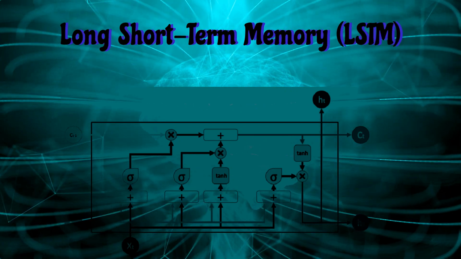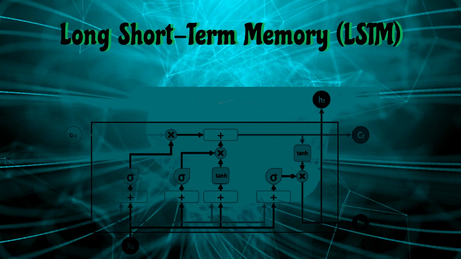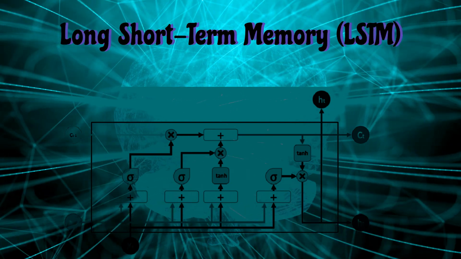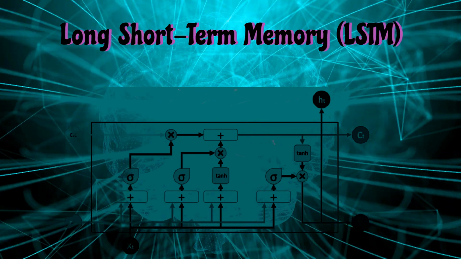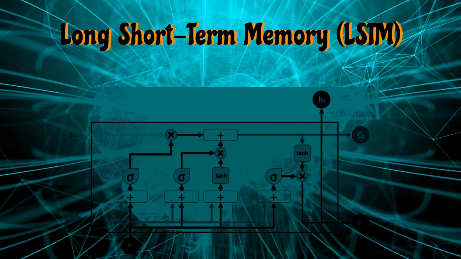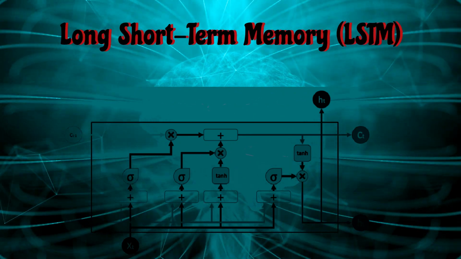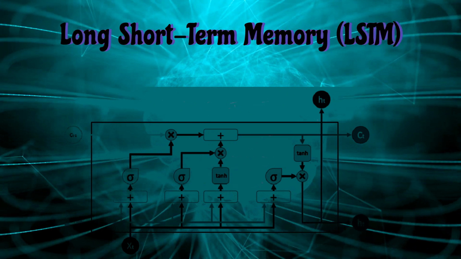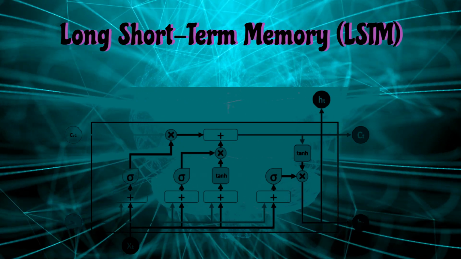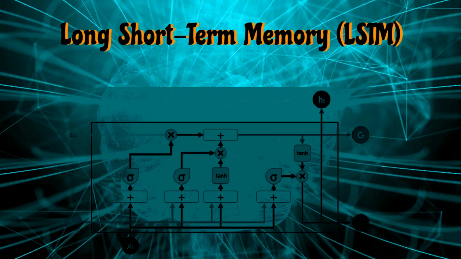LSTM, long short-term memory, a type of recurrent neural network designed to address the vanishing gradient problem and capture long-term dependencies. LSTMs, designed to overcome the vanishing gradient problem of RNNs, incorporate a more complex memory cell structure, enabling them to capture and remember long-range dependencies in sequential data more effectively.